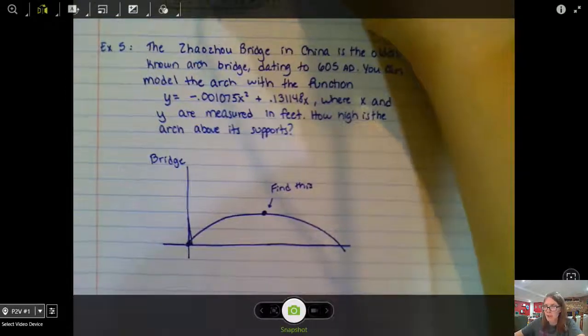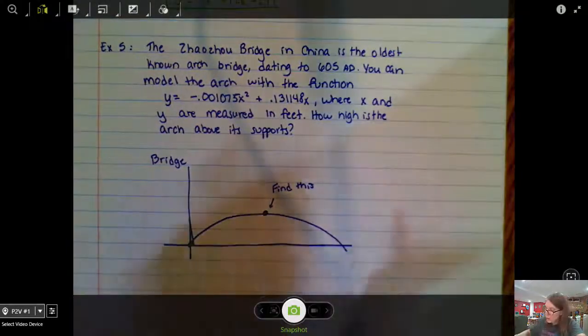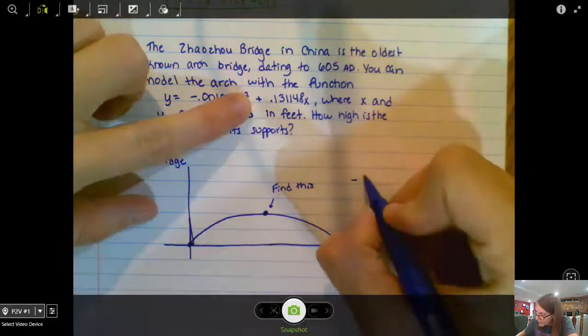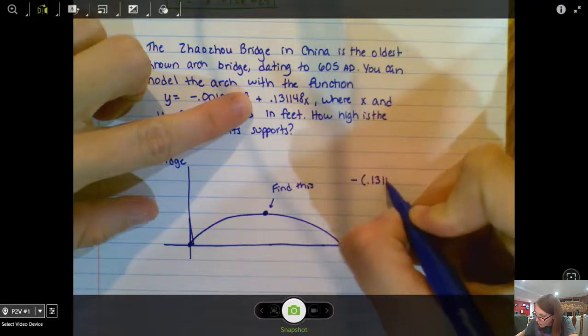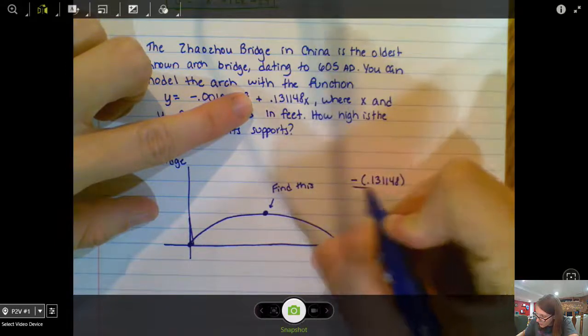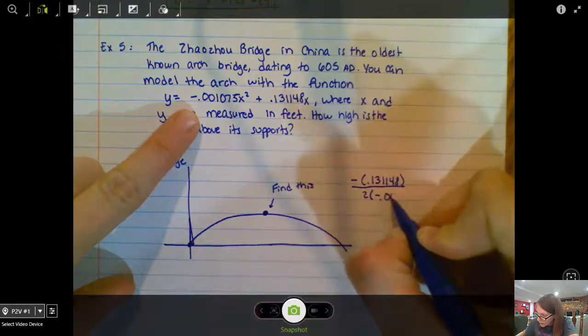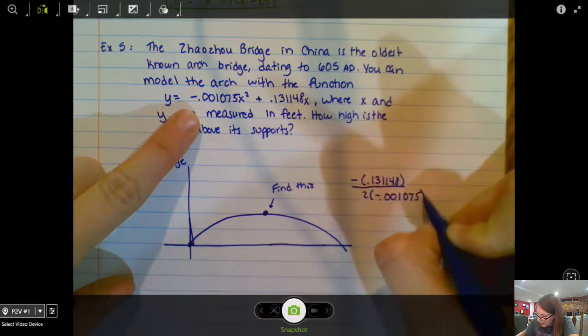But to find our vertex, we take negative b over 2a. Negative b is 0.131148 over 2a, which is negative 0.001075.